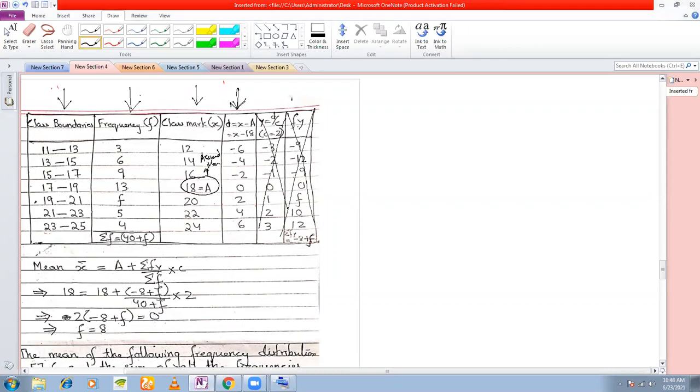So after this column D is equal to X minus A, we draw the next column here, which is FD, F into D. So F into D means the product of F here and D here, these two. So we write first product 3 into minus 6 will give you minus 18.